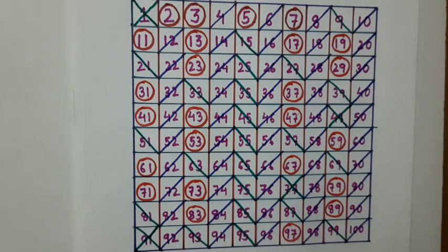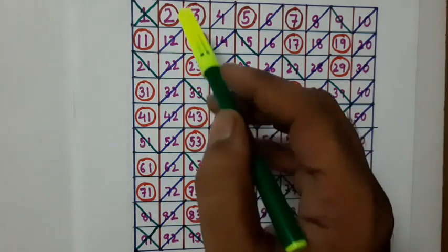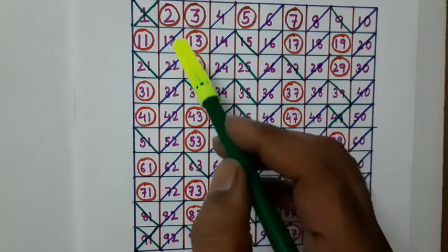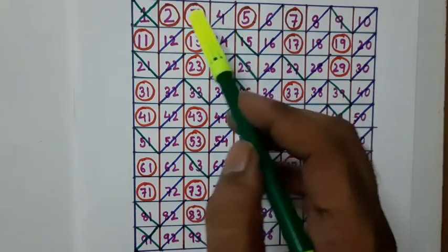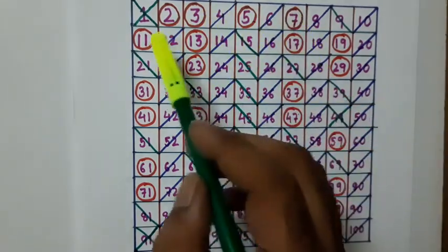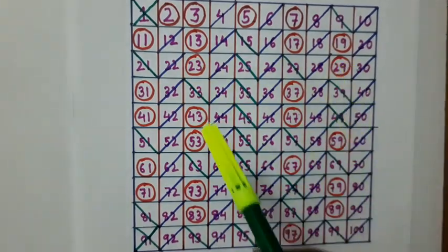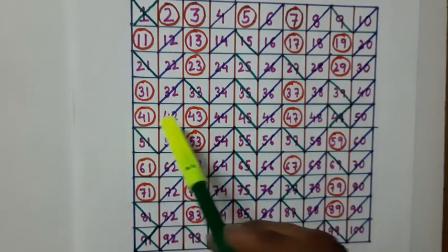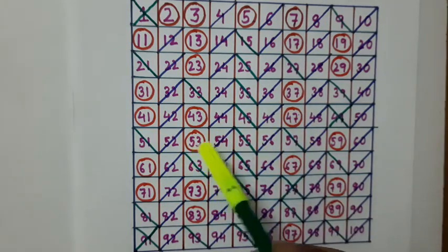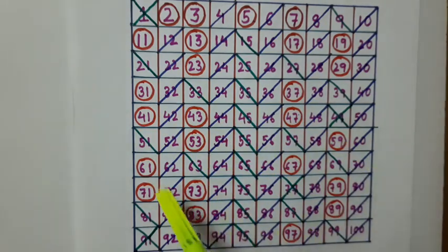Leaving all these numbers, whatever is left out, all the numbers that are circled: 2, 3, 5, 7, 11, 13, 17, 19, 23, 29, 31, 37, 41, 43, 47, 53, 59, 61, 67, 71, 73, 79, 83, 89 and 97.